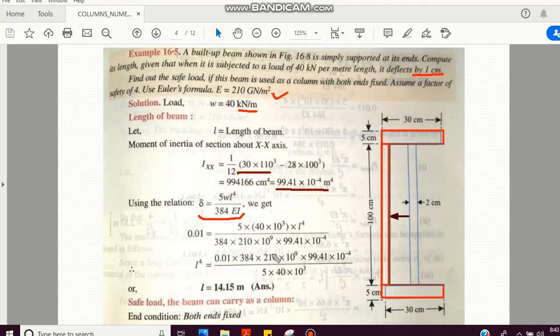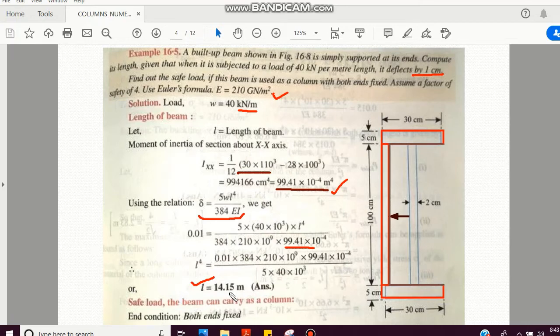So 210 into 10 to the power 9 into the moment of inertia that we got. So the length of the simply supported beam is 14.15 meter. In the second section, we are going to use this simply supported beam as a column.